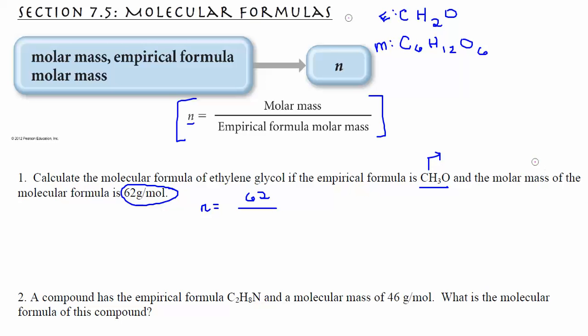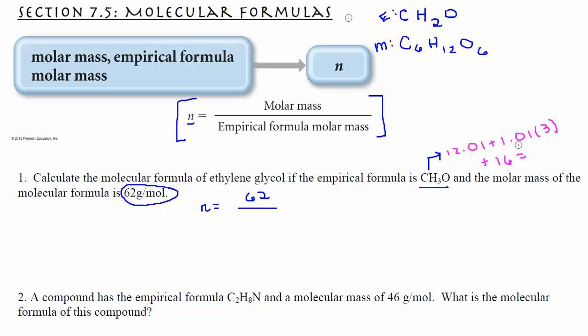Now, the molar mass of your empirical formula: carbon has an average atomic mass of 12.01, plus the average atomic mass of hydrogen, which is 1.01, times 3, because there are 3 hydrogens, plus the average atomic mass of oxygen, which is 16.